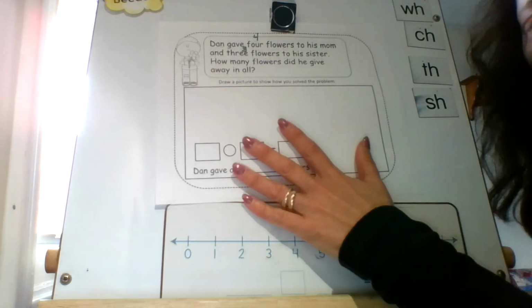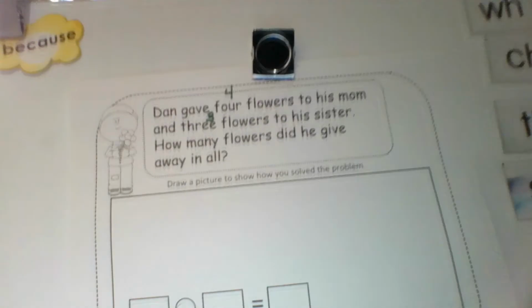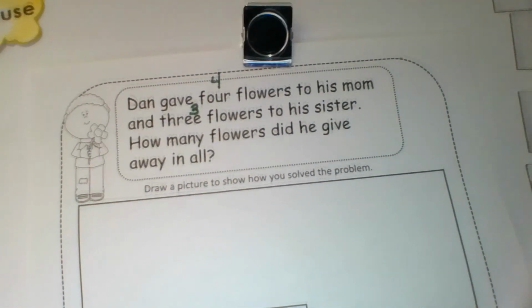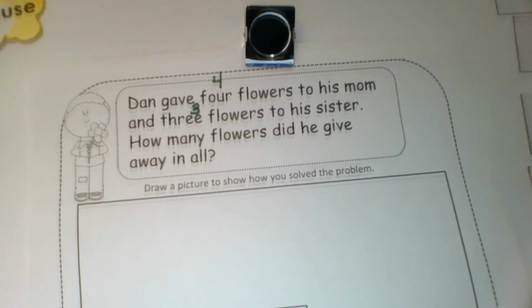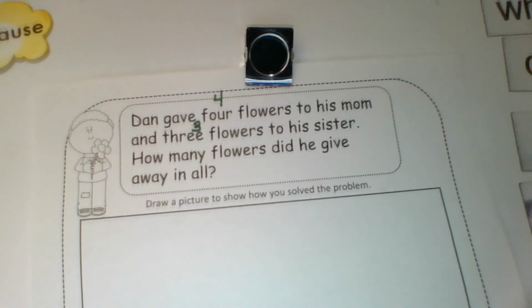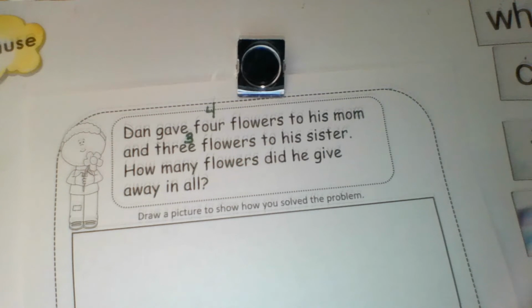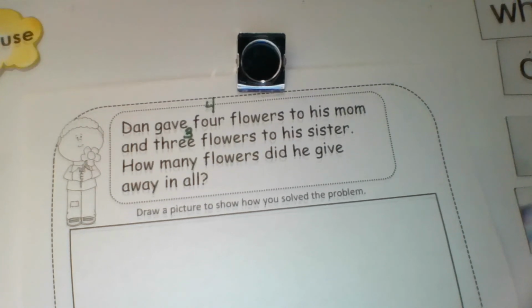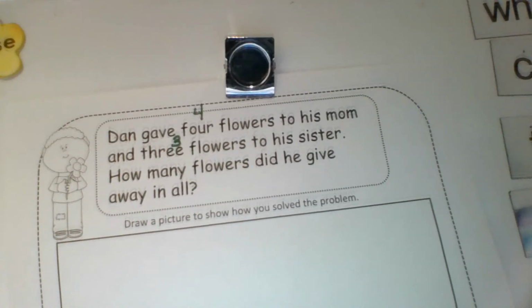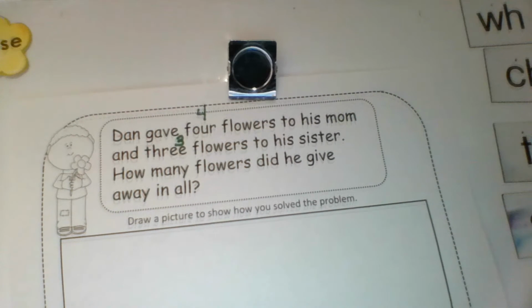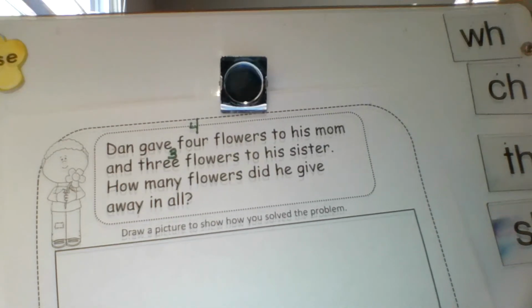Okay, so I'll read it to you a couple times so that for sure you can see it and you can work on it. Okay, it says Dan gave 4 flowers to his mom and 3 flowers to his sister. How many flowers did he give away in all? Okay, I'll read it again.